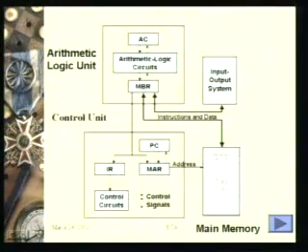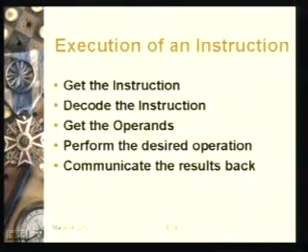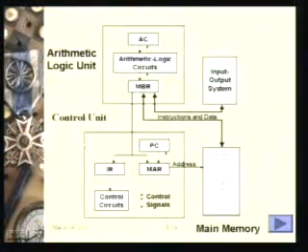As soon as the information reaches the instruction register, we say the instruction has now been fetched, or the first step has been completed. The next step will be to decode the instruction. Now where exactly is the decoding going to take place? The control circuits are going to decode the instruction. How?